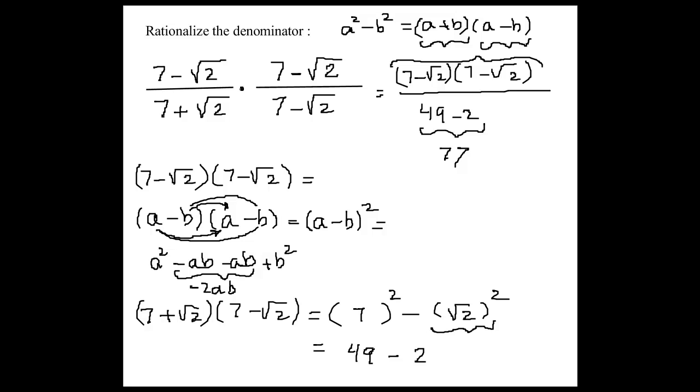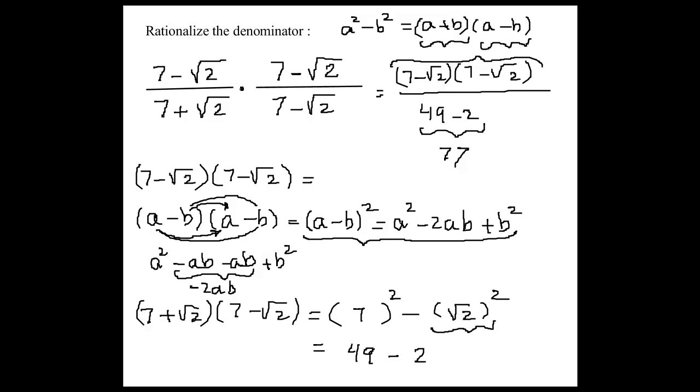A squared minus 2ab plus b squared. Very good, yeah. It would be a squared minus 2ab plus b squared, exactly. So you should remember this, so you don't have to use the FOIL method every time.